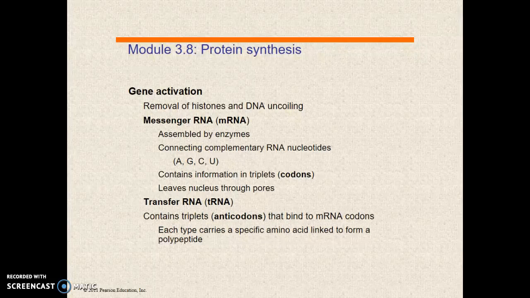This is called transcription. And the bases would be adenine would pair with uracil, guanine with cytosine. The information is in triplets or codons. That means that 3 nucleotides in a row is the information for one amino acid. Now the amino acids have to be brought over to the growing polypeptide strand, and that happens using transfer RNA.